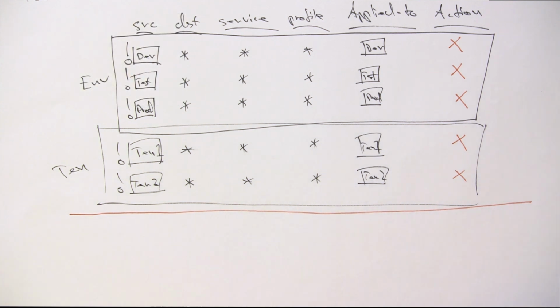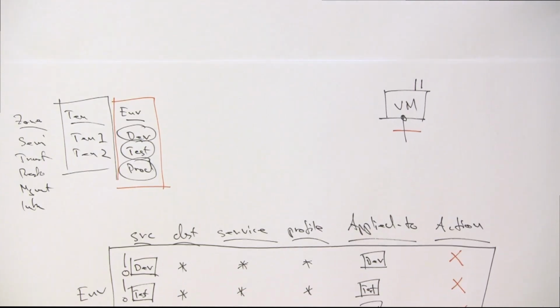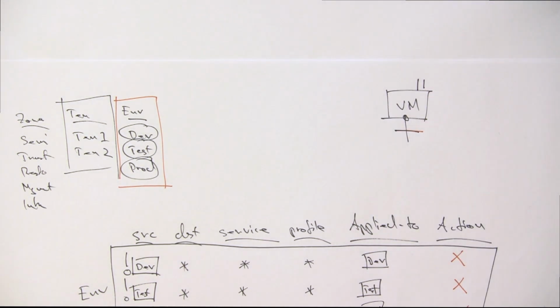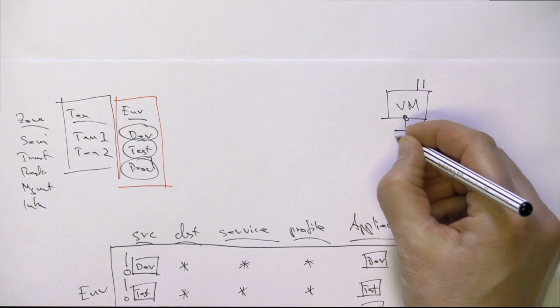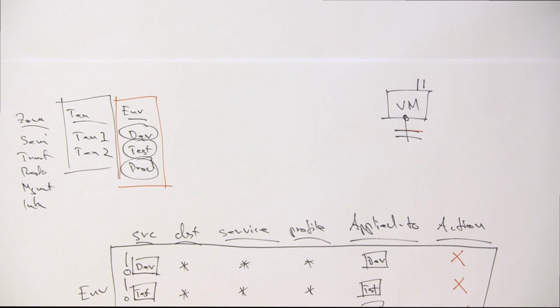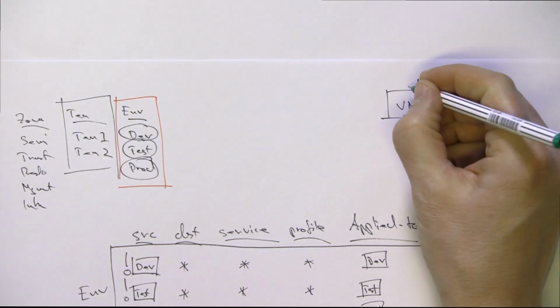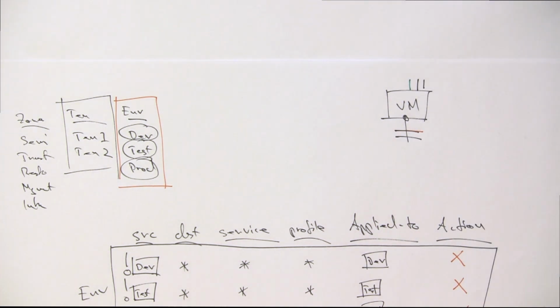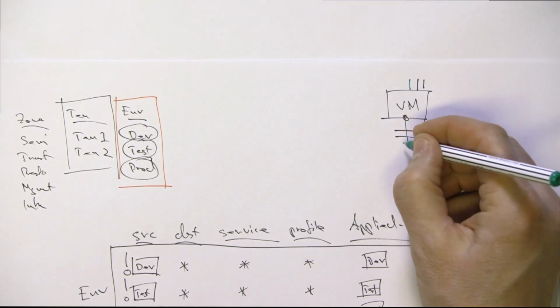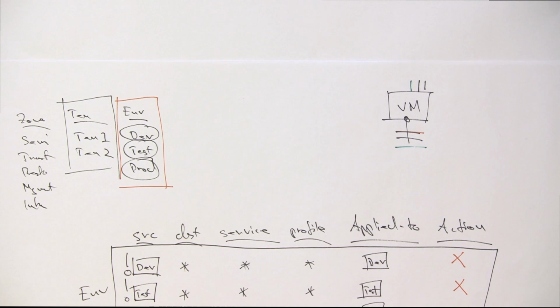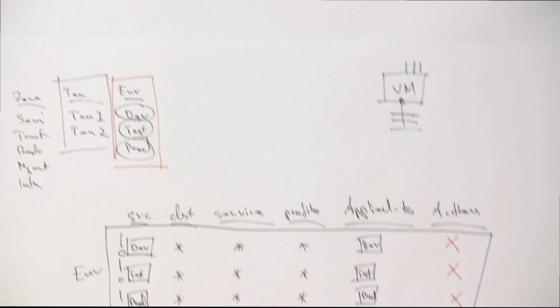So let me give you an example of how that would look. Imagine that I have this VM. In my example, this VM belongs to tenant number 1. That means that I block away the other tenants. It belongs to production, let's say, so I block away the other environment dimensions. But I am also, let's say, a web server, or a database, or something. So that means that I use the green for an allow rule.